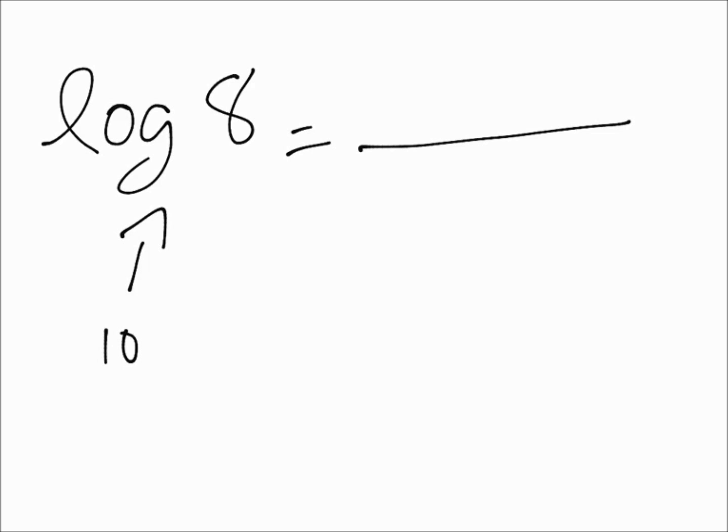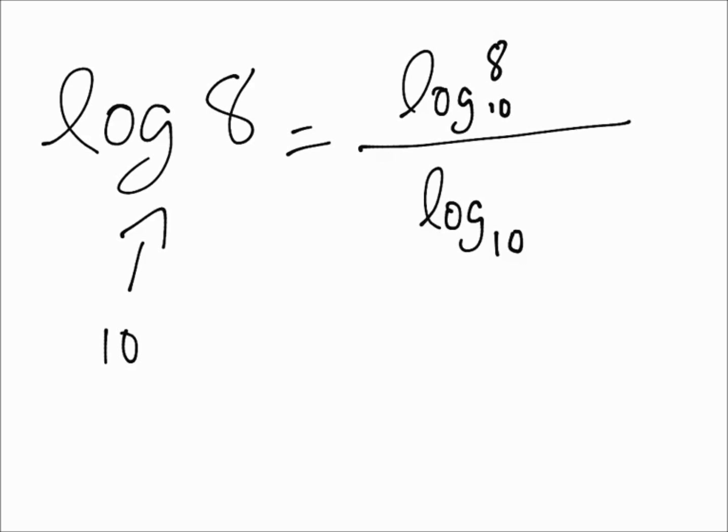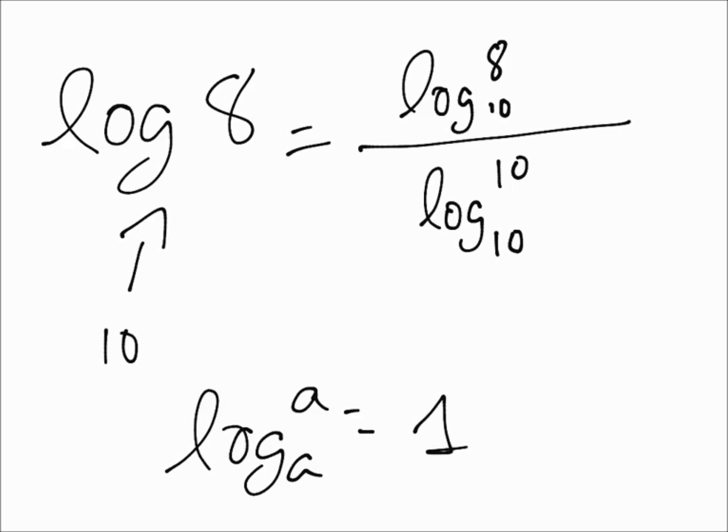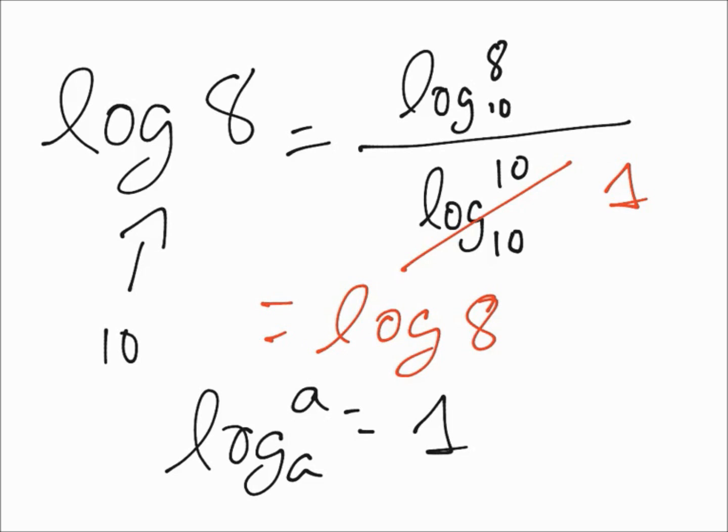So you can separate this into log 10 of 8 and log 10 of 10. Now if you go back to rule number 1, log a of a is going to be equal to 1. So this is just 1. And it will just go back to log 8 or log 10 of 8.